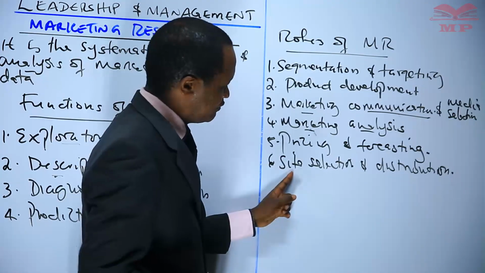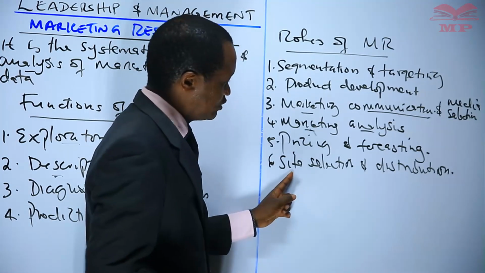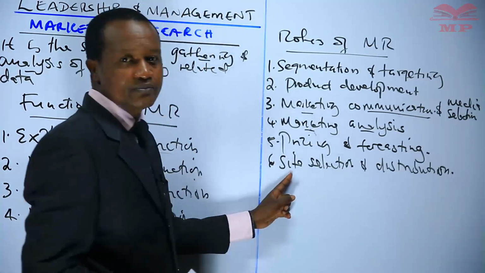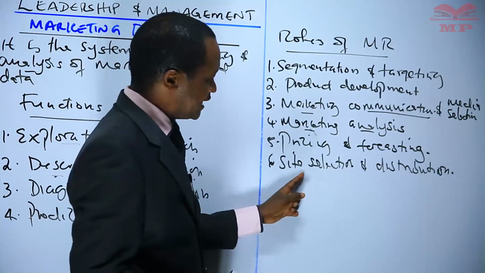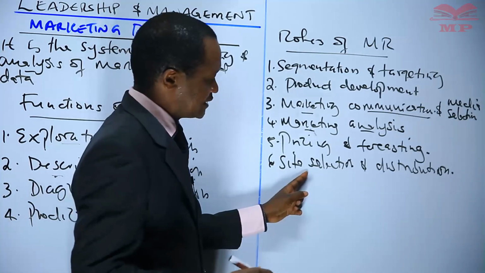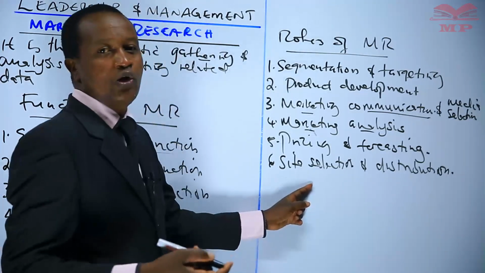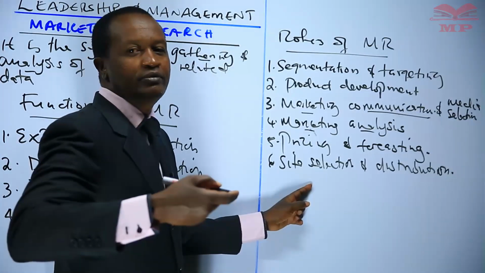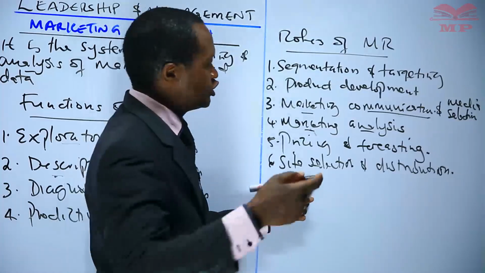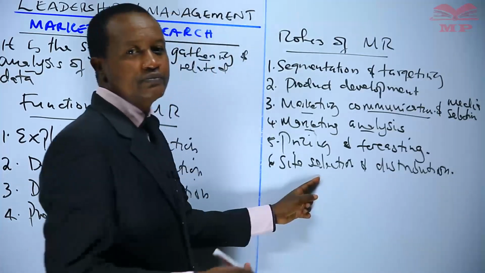Then lastly, we have selection and distribution. Selection and distribution, that's another role of marketing research. Now, site selection studies can help retailers to determine the best locations for their shops or stores.